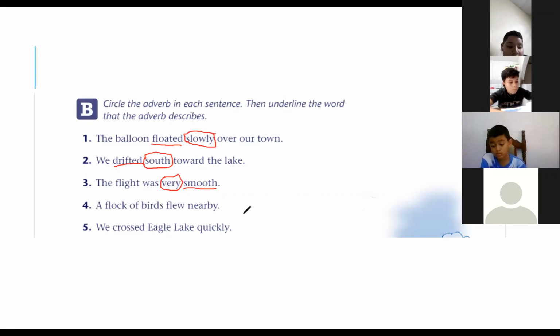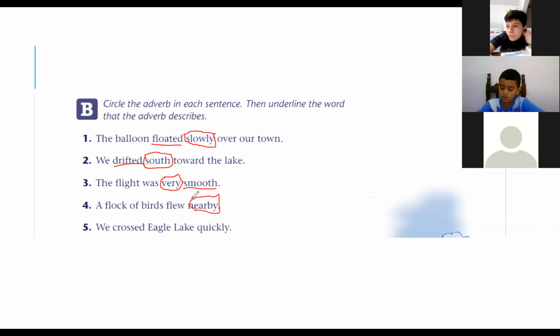Nearby, yes, is the adverb, and flew. Yes, flew. Number 5, we crossed Eagle Lake quickly. Quickly is the adverb, yes. And the word it describes is crossed. Remember, describes.